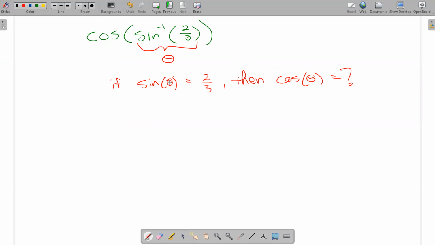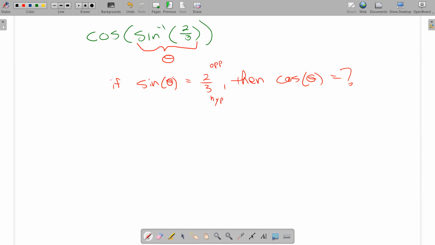Now, to solve the sine inverse is 2/3, I could either draw a circle, kind of like I did before, find y equals 2/3, see where it leads to, see what the cosine is, or I could draw a triangle. So either way works. I'm going to do the triangle route because I already did some circles. If I think about triangles right here, then I have to remember sine is opposite over hypotenuse on a triangle.